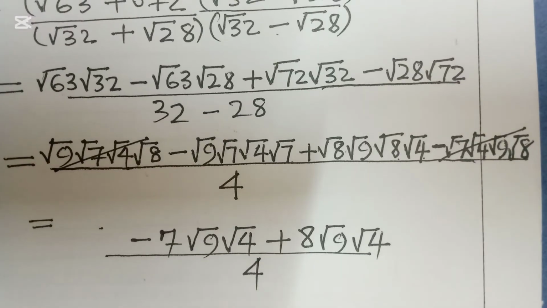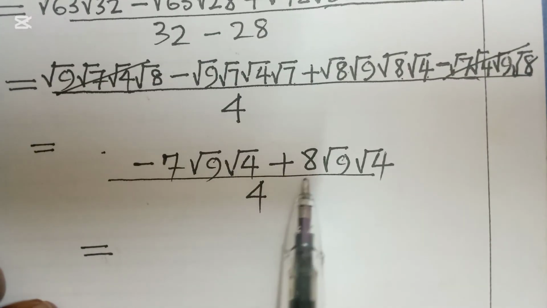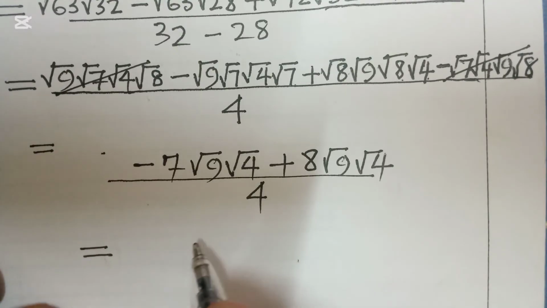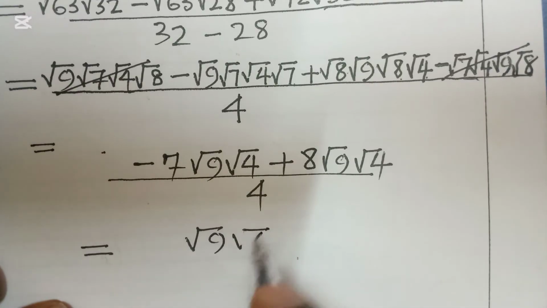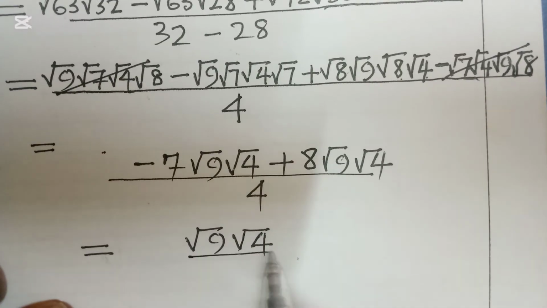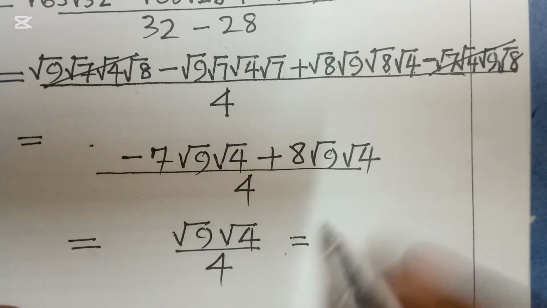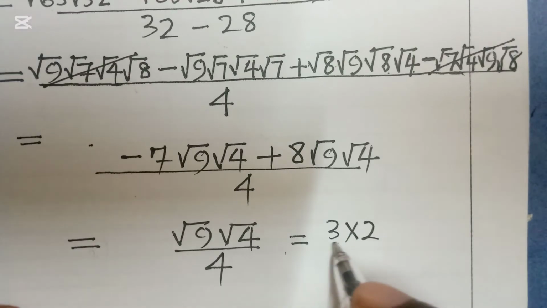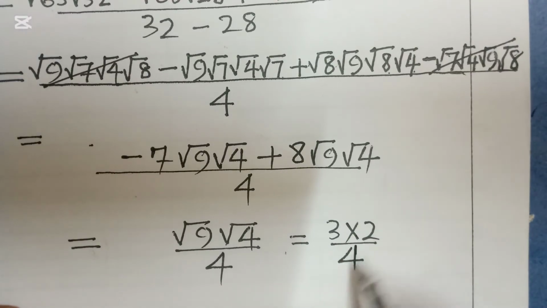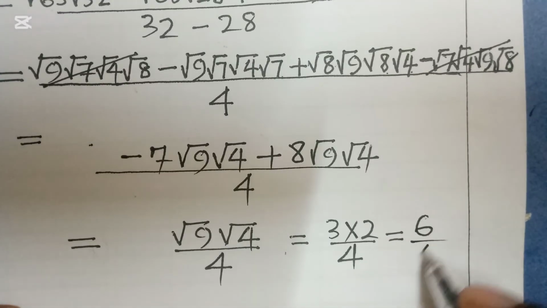So guys, going ahead, because these are similar and we have 8 and 7, we say 8 minus 7 gives us 1. Then 1 times square root of 9, square root of 4, all over 4. So this one is going to be 3 times 2 all over 4. So this is now 6 all over 4.